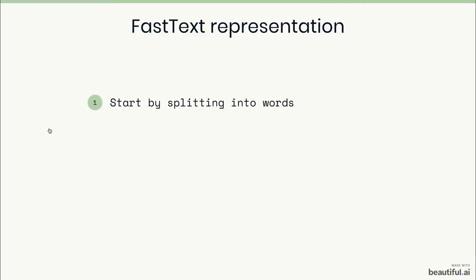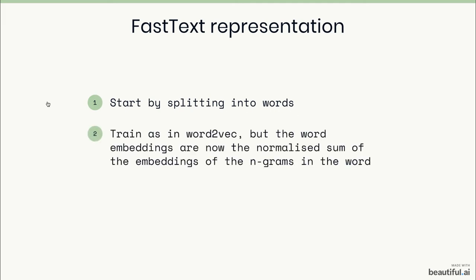So to compute a FastText representation, we start by splitting it into words, like normal. Then we train the algorithm exactly like Word2vec that we just saw. We train these m_encode, m_decode matrices. But the resulting word embeddings in the middle are now the normalized sum of the embeddings of the n-grams in the word.